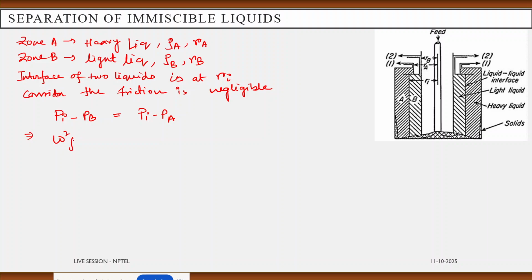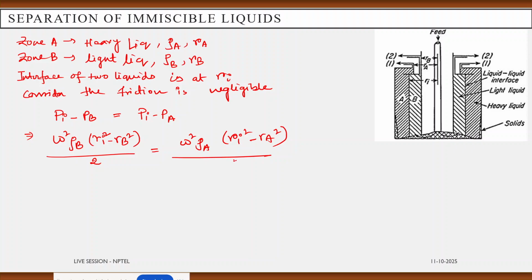For liquid B we put (Ri square minus Rb square) divided by 2, whereas for A it is omega square rho A (Ri square minus Ra square) divided by 2. When you solve this equation, you get the interface Ri, also known as the neutral zone. So this Ri denotes the radius of the neutral zone.